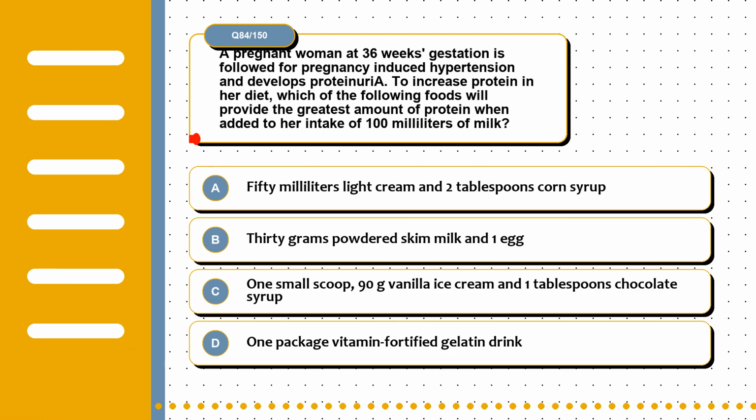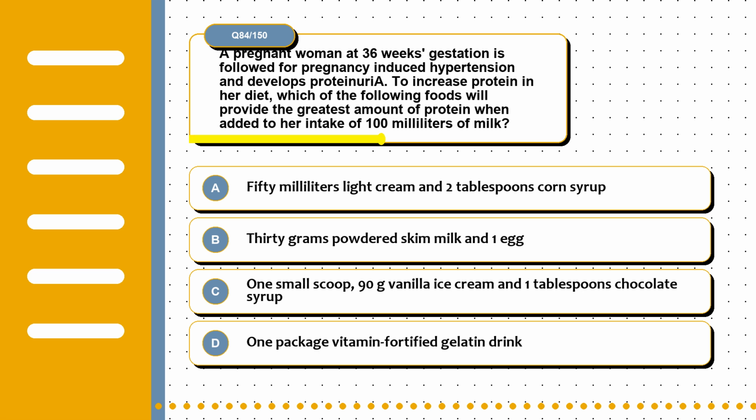Question 84. A pregnant woman at 36 weeks gestation is followed for pregnancy-induced hypertension and develops proteinuria. To increase protein in her diet, which of the following foods will provide the greatest amount of protein when added to her intake of 100 milliliters of milk? Here are the options.